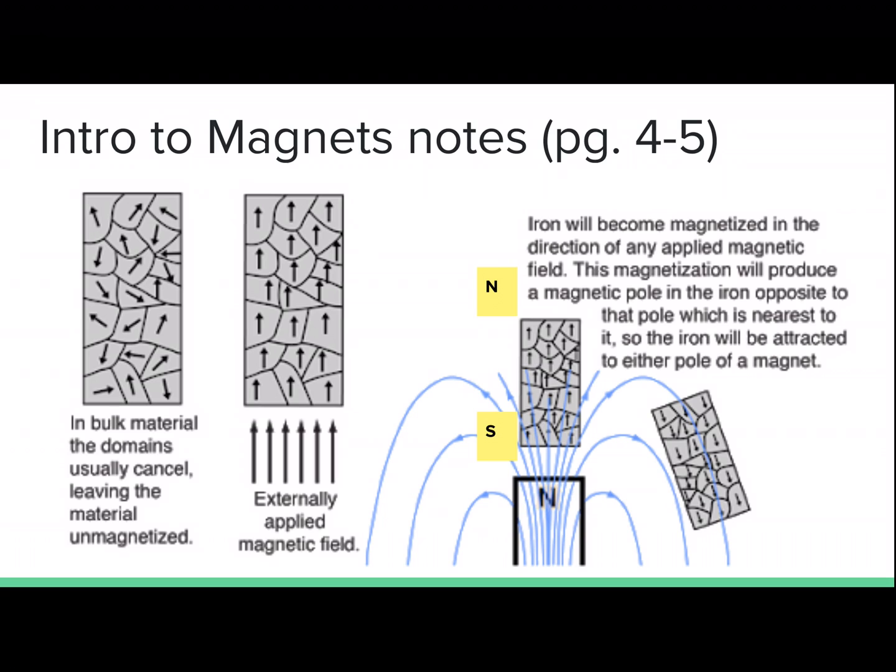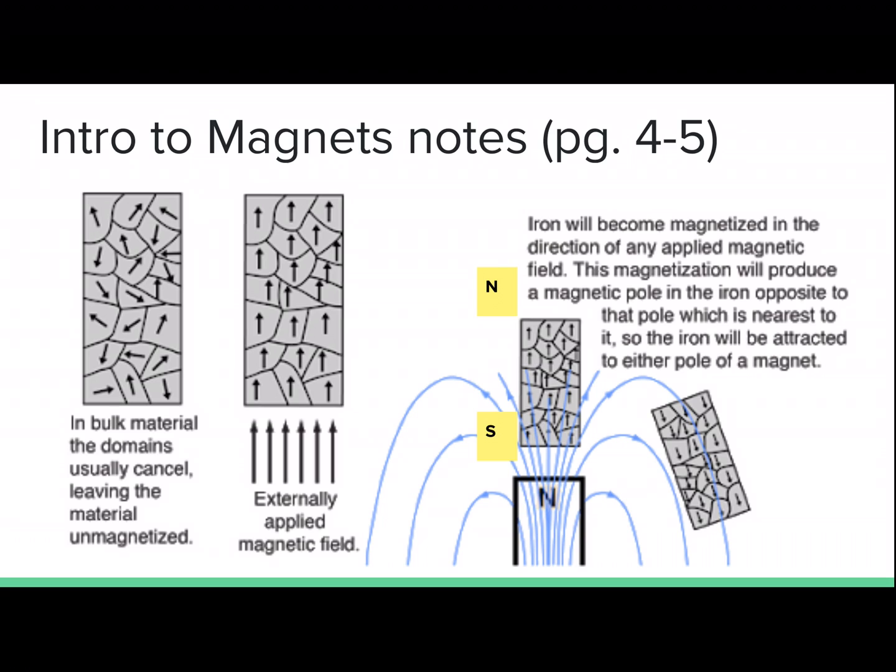So this is an introduction to why ferromagnets become magnetized. So when we have a ferromagnet, the domains are not aligned. All those electron spins point in different directions in each domain.